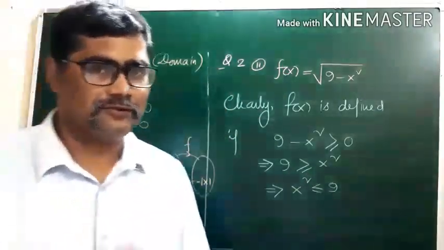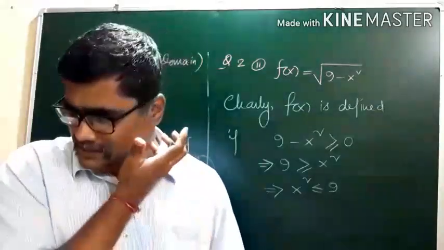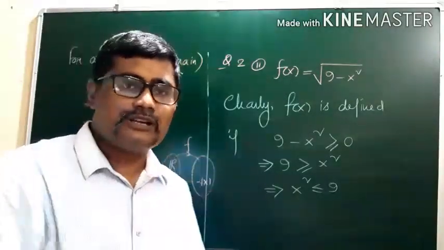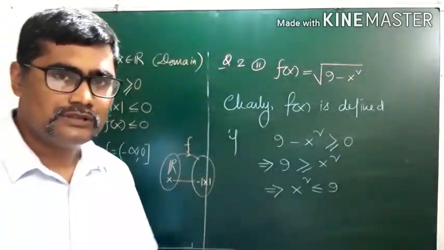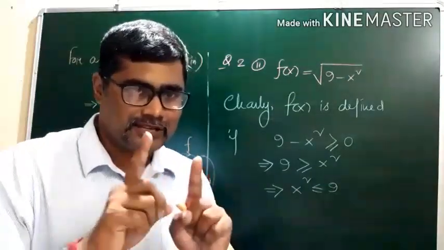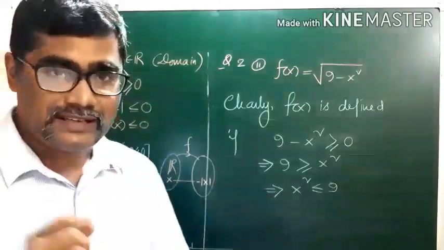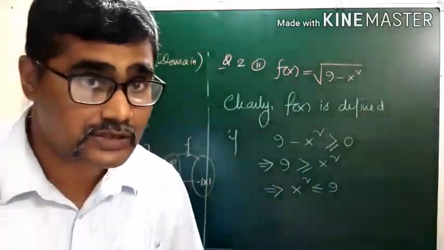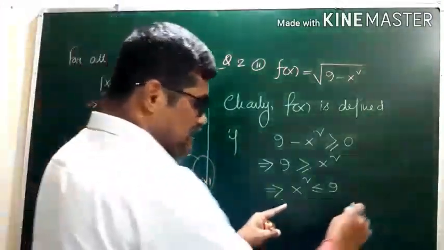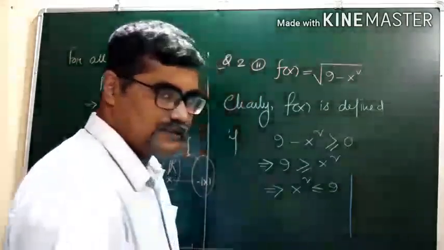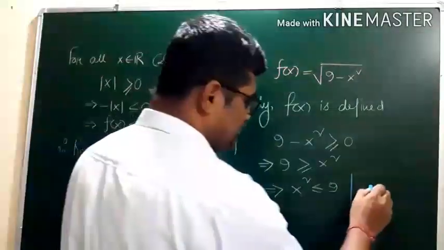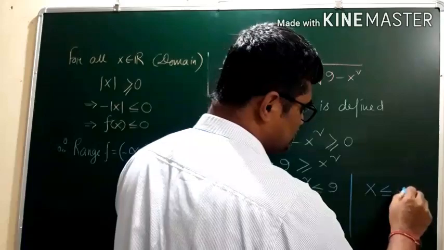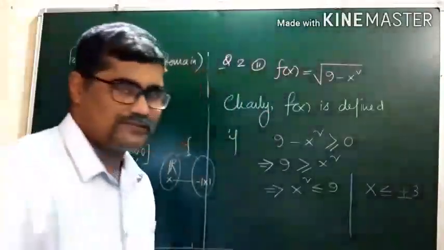Now here I have to speak a very important part, because after that students commit a mistake. What mistake they do? First I'll write the mistake so that you can remember that. The usual mistake the students do is, immediately I'm doing here the wrong thing, right? They write this less than or equal to plus or minus 3.